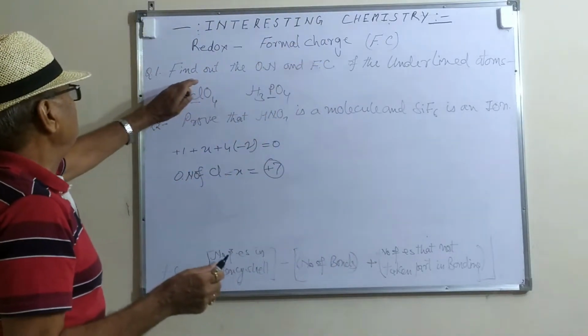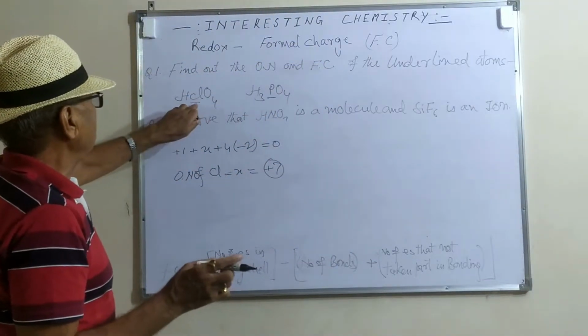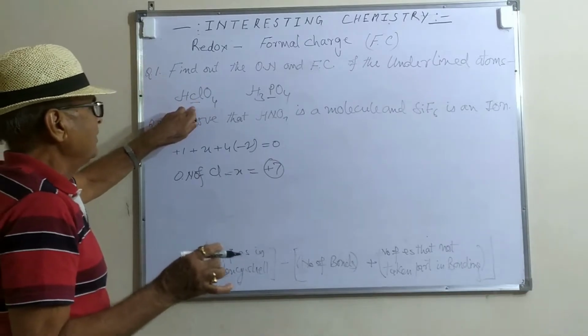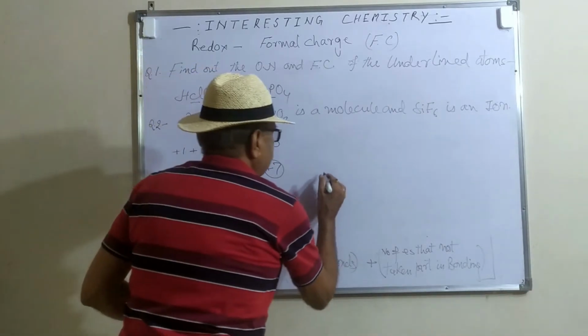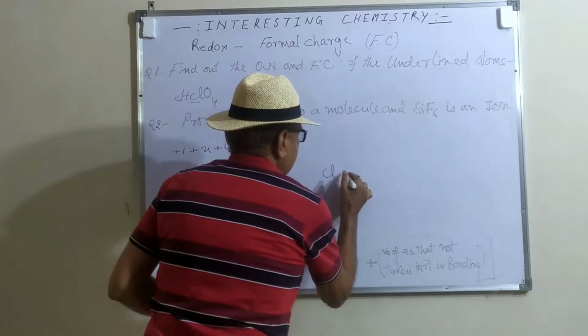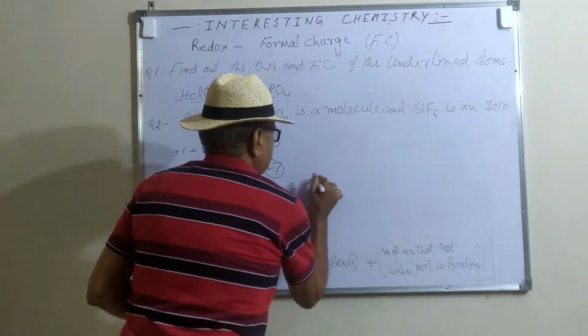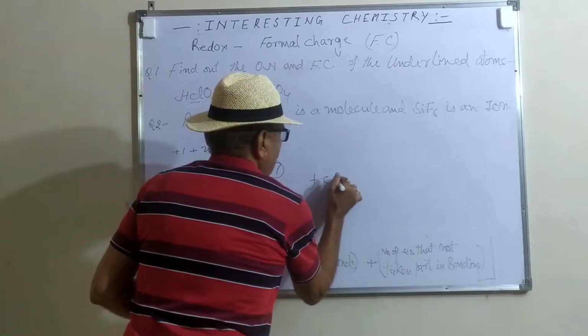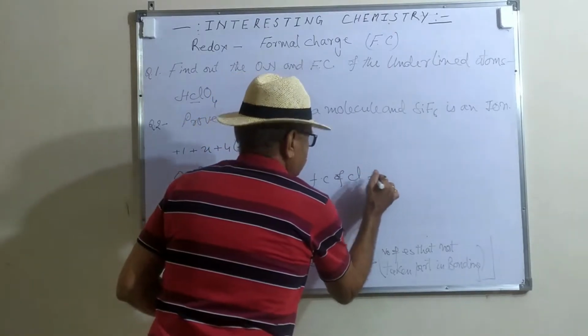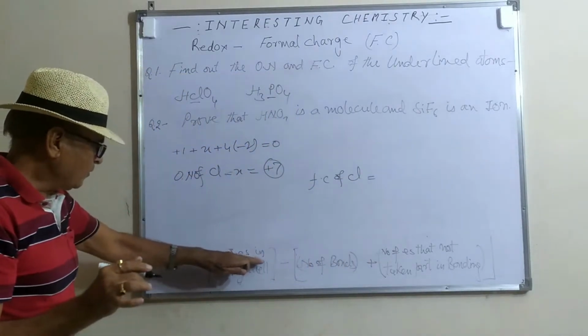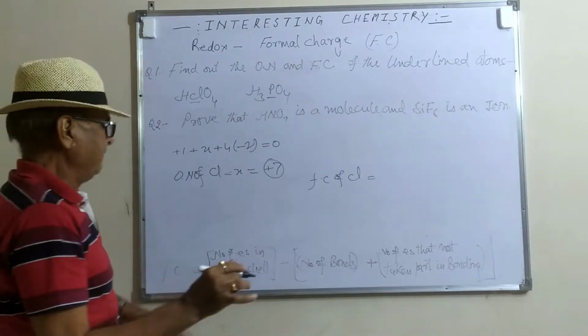Suppose you want to find out the formal charge of chlorine in HClO4. So here you will write the Fc of Cl is equal to the number of electrons in the valency shell.